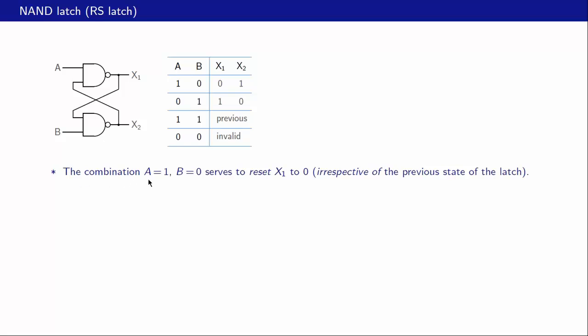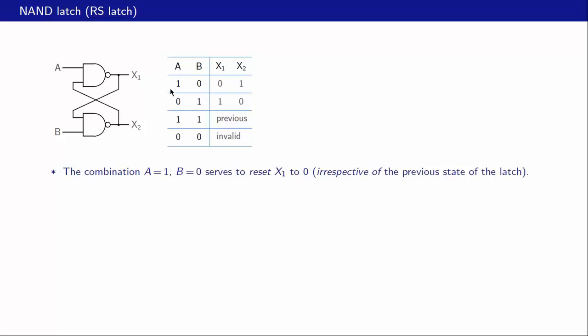The combination a equal to 1, b equal to 0 serves to reset x1 equal to 0. And why are we saying that? Look at this table. A equal to 1, b equal to 0, x1 is 0. And this happens irrespective of the previous state of the latch.